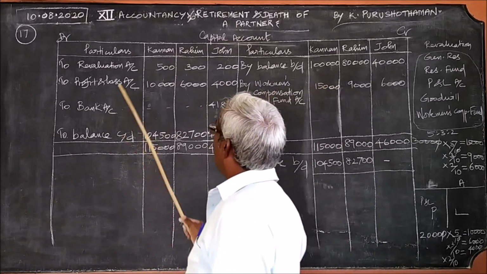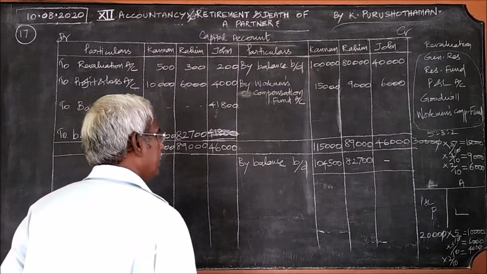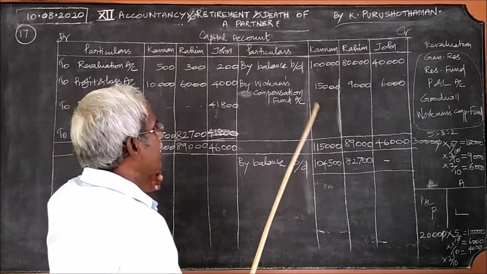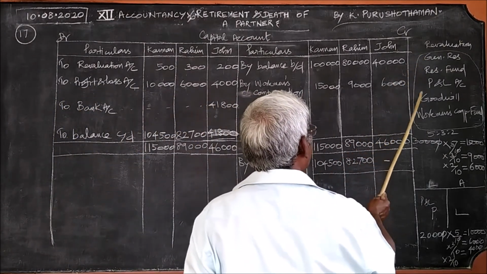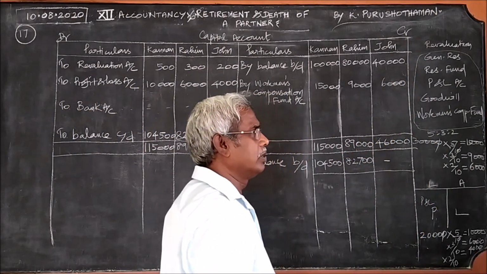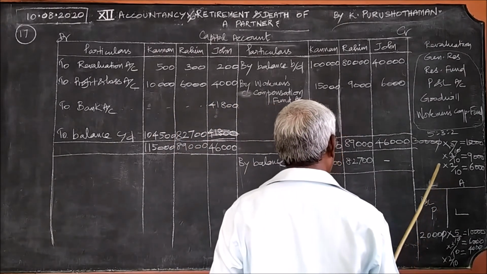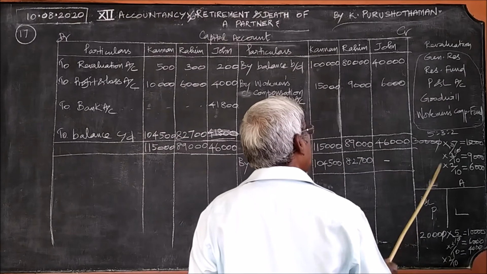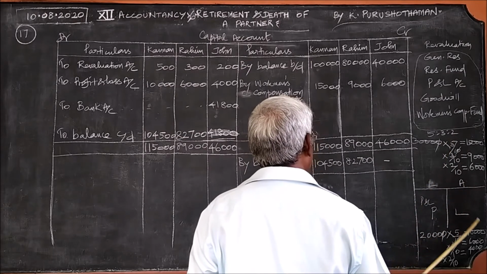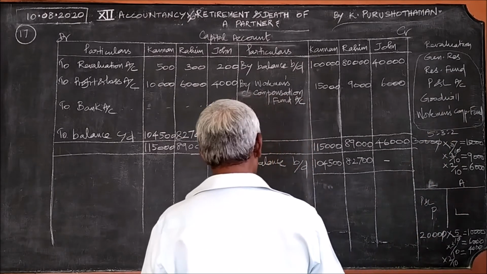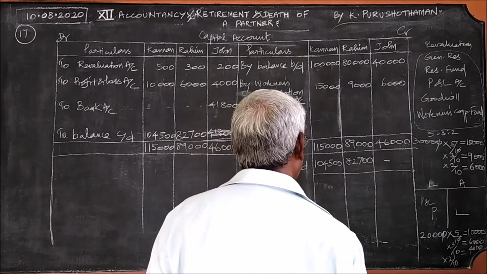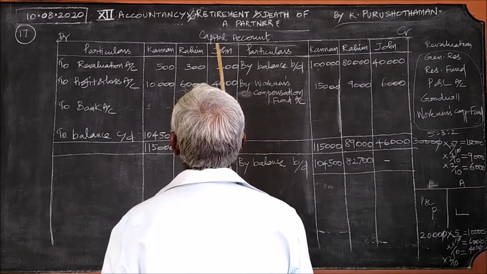The next one, after this revaluation, the profit and loss account. See one of the items given like that. If the profit and loss account in the balance sheet appears on the liability side, profit; asset side, loss. So we need to write the profit and loss account on the debit side.